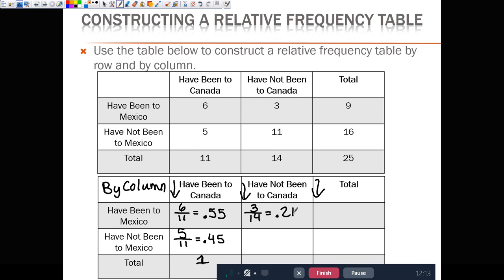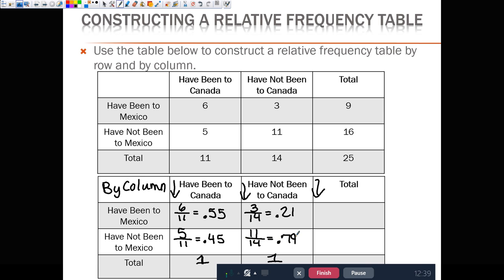Okay, what about my next ratio? 11 over 14. And what is that decimal? 0.79. And then we have 1 as our total there. And to make sure, 79, not 71, 79. To make sure, we add 0.21 plus 0.79, and that should add up to 1. Okay?